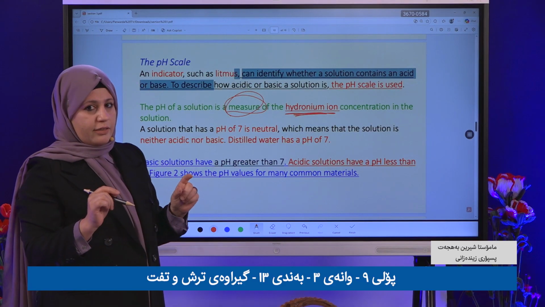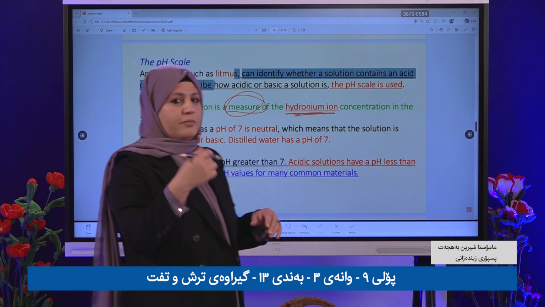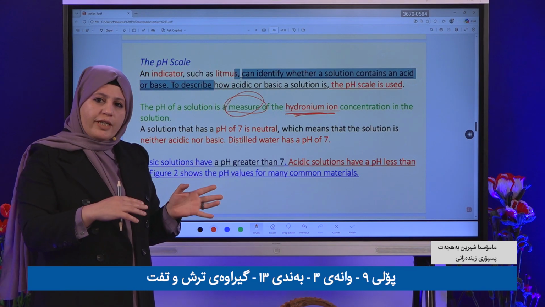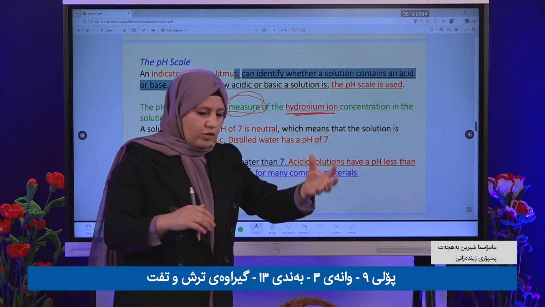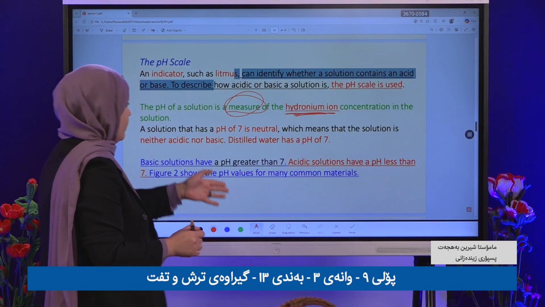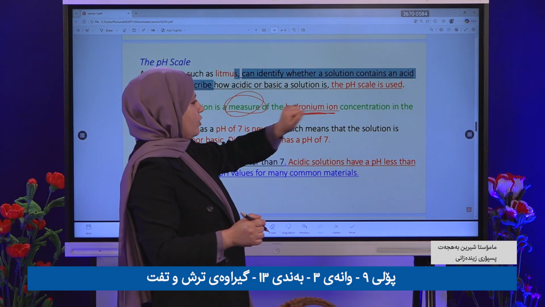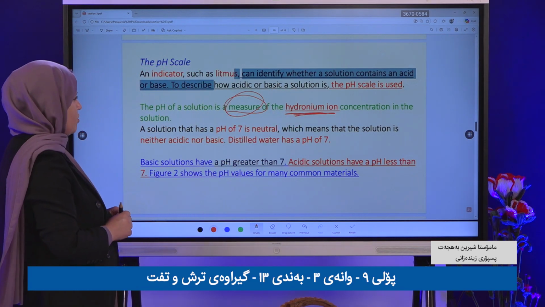Don't confuse it. pH is what? A measure. But indicator, what? It describes or identifies whether the solution is acid or base. But pH is the measure of hydronium ion concentration in the solution.